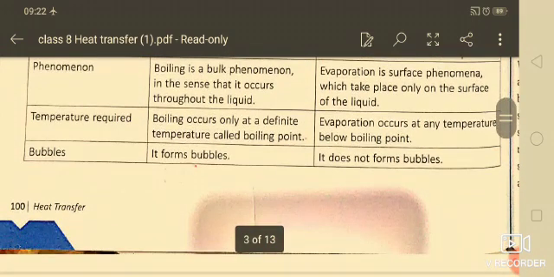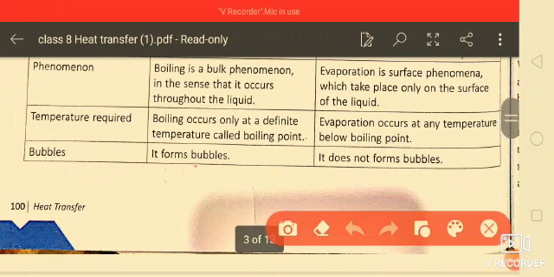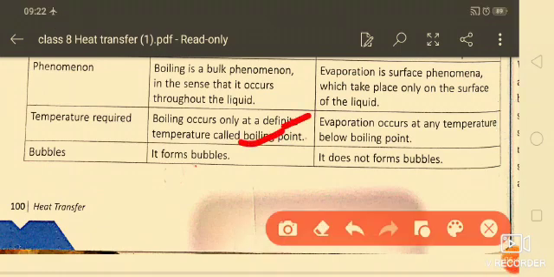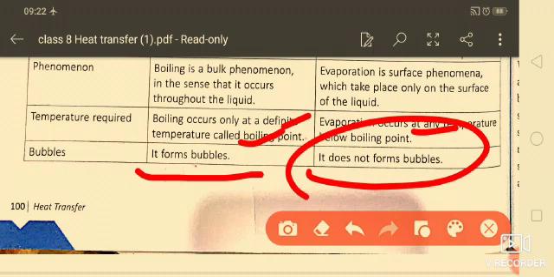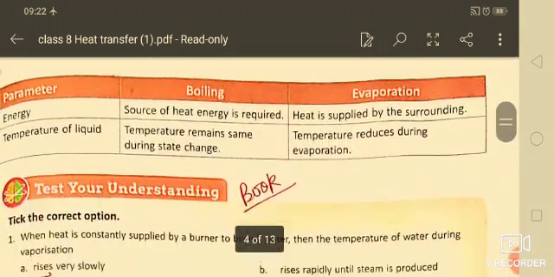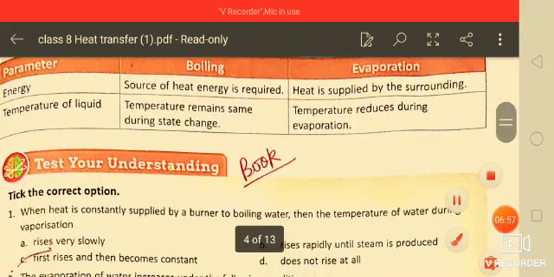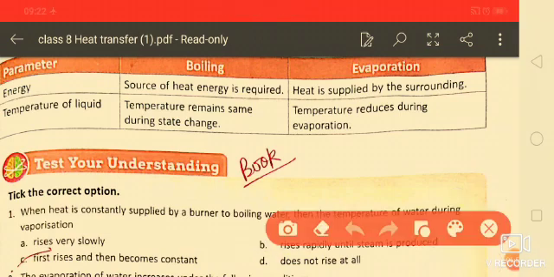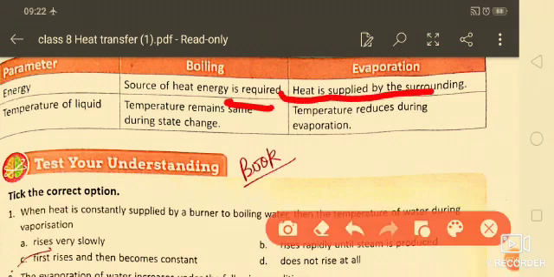Now temperature required: for both, temperature is required, but boiling occurs only at a definite temperature, and evaporation occurs below the boiling point also. Bubbles form during boiling, and in evaporation bubbles don't form. Next one is energy. For boiling, a source of energy is required, and for evaporation heat is supplied by the surroundings.